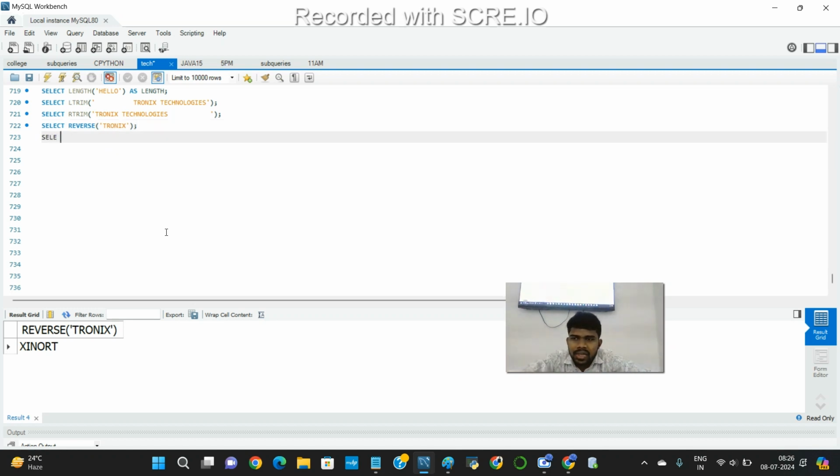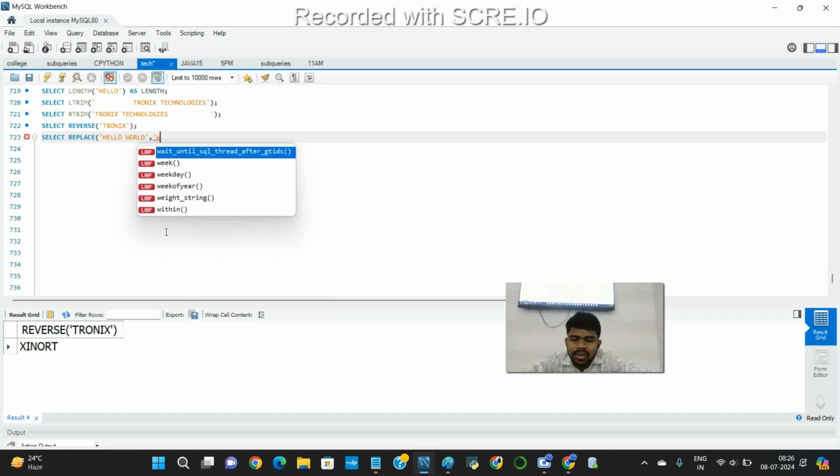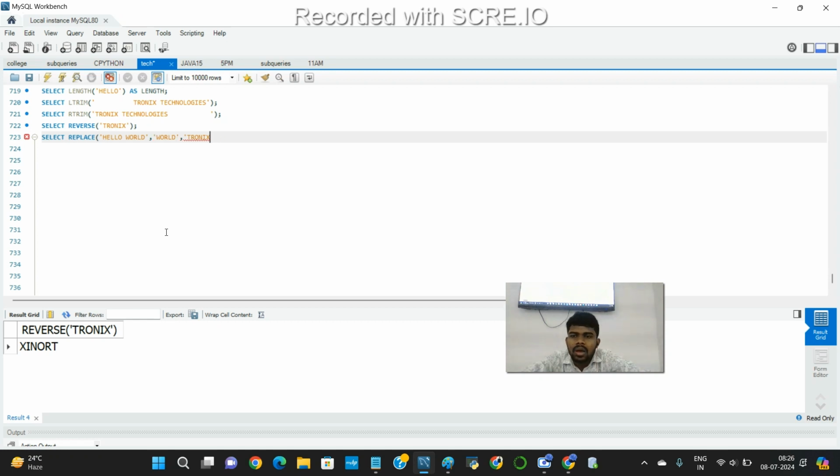For example, let's see replace. There is a string hello world. In the place of world, I want to replace it with Tranix. So what will be the output?